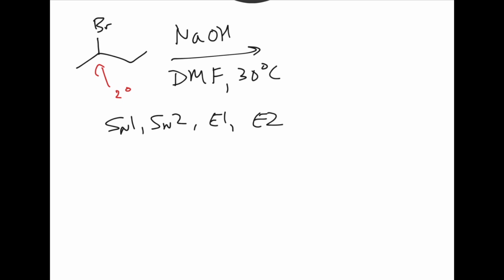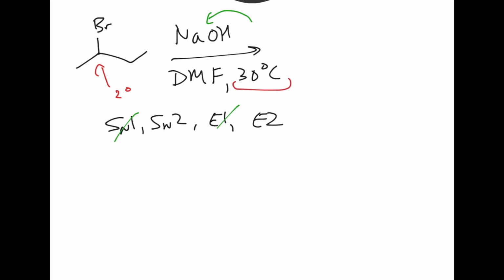All right. Now I look at my nucleophile / base. Is that charged or uncharged? Charged. So charge means I get to eliminate the ones. So SN1 goes away, E1 goes away. Now I look at the temperature.